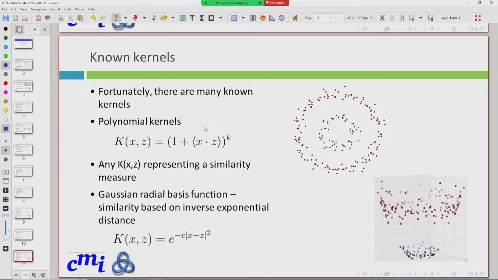Essentially, what we do is we try to interpret this kernel function as some sort of similarity measure between the points. And just by using this notion, we are able to figure out a proper classifier for the data.